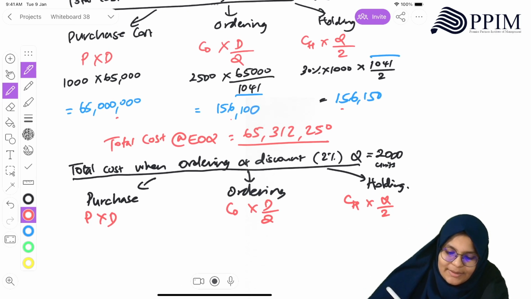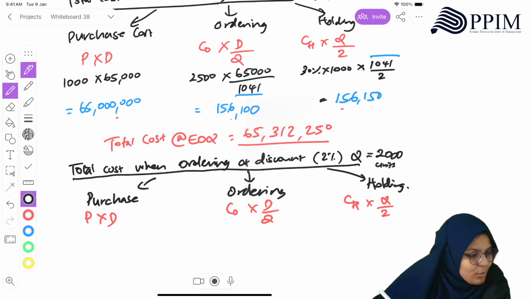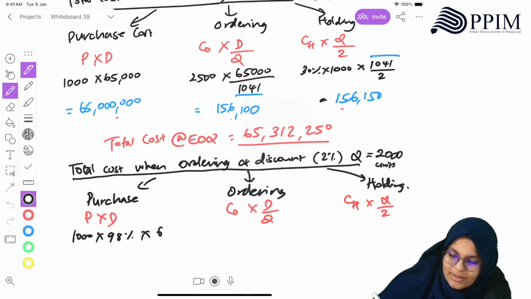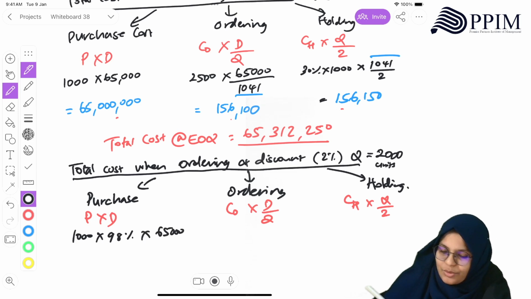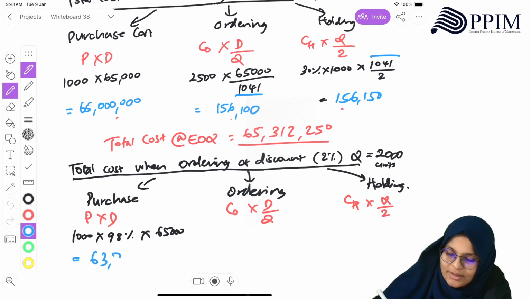Right, so price, now here there is a small change in the price because we are going to get a discount. So it's not going to be 1000 anymore, it will be 2% less than 1000. So 1000 into 98%, into demand which is the same, 65,000. So that will be 63,700,000 we are talking about.